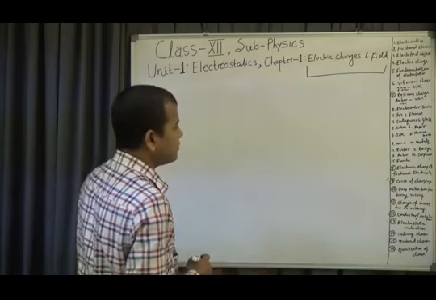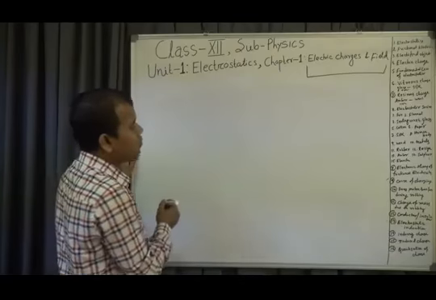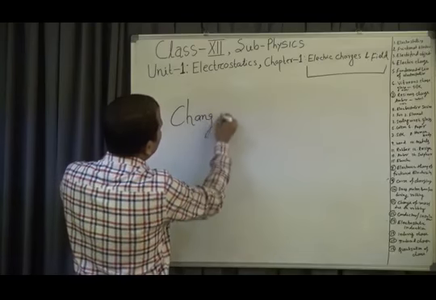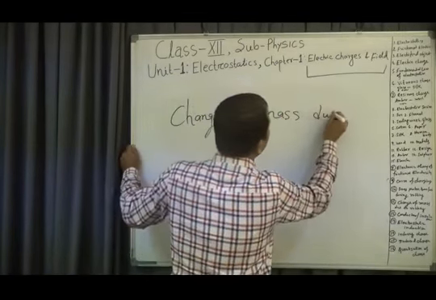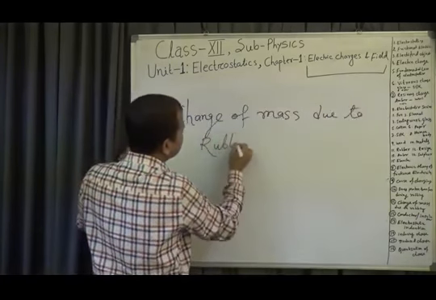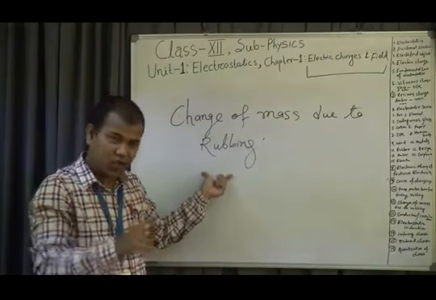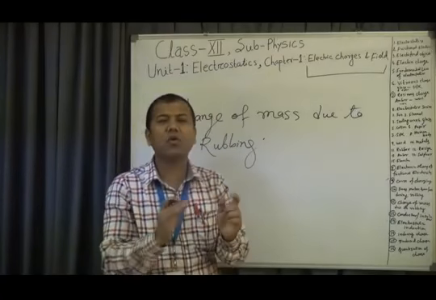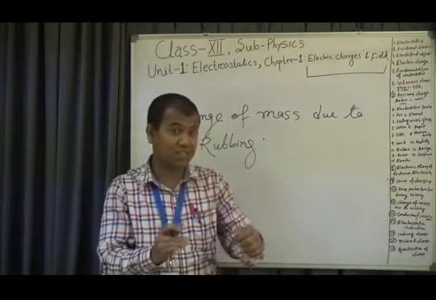Now, change of mass due to rubbing. Whenever you rub an object with another object, I told that charges will be transferred. Now the question arises, is mass transferred? Is there any transfer of mass?